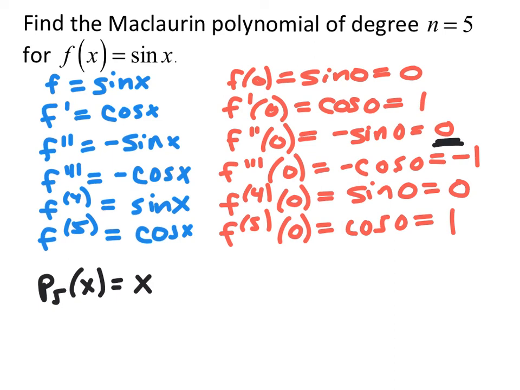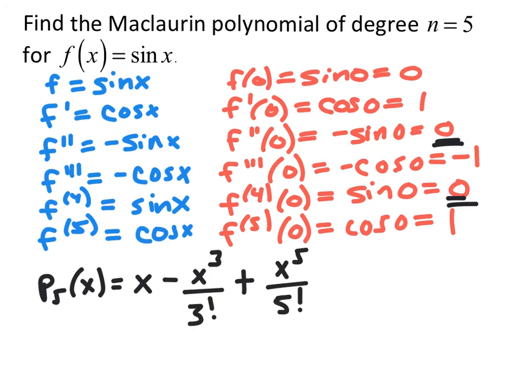So then f triple prime is minus 1, and then it's x cubed over 3 factorial. The fourth derivative's coefficient is 0, so I don't have to put that in, because anything times 0 is just 0. And then the fifth derivative, its coefficient is going to give me 1, and so I have plus 1x to the fifth over 5 factorial.